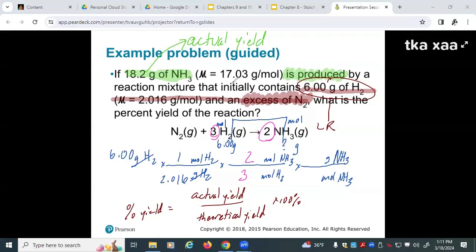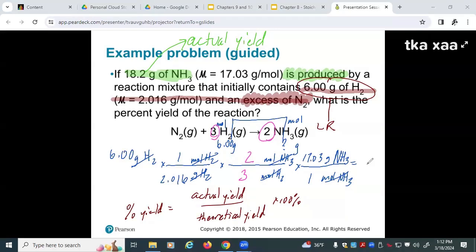Molar mass was given to us up here, 17.03 grams in 1 mole. I go back, I see my moles of hydrogen can cancel, my moles of ammonia can cancel. I'm left with just grams. Now, at the end of this process, the grams that I get are going to be my theoretical yield.